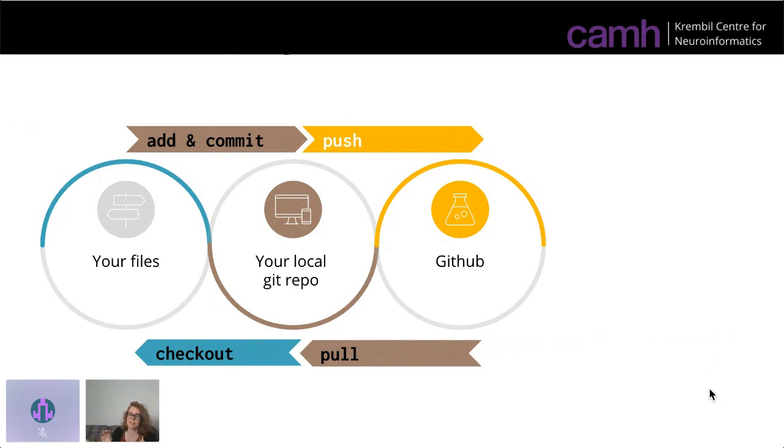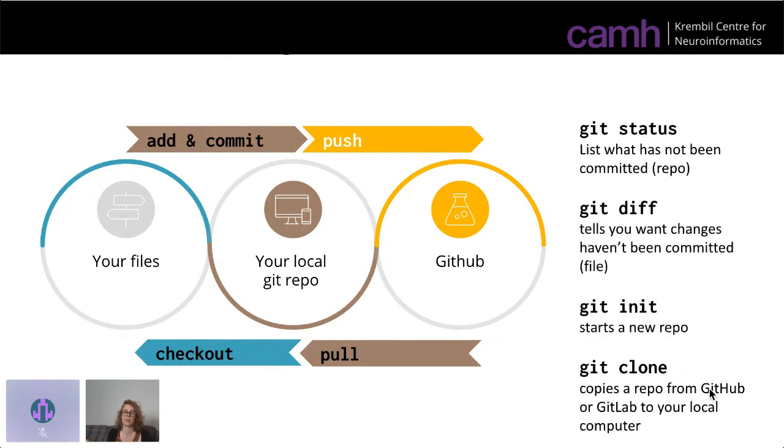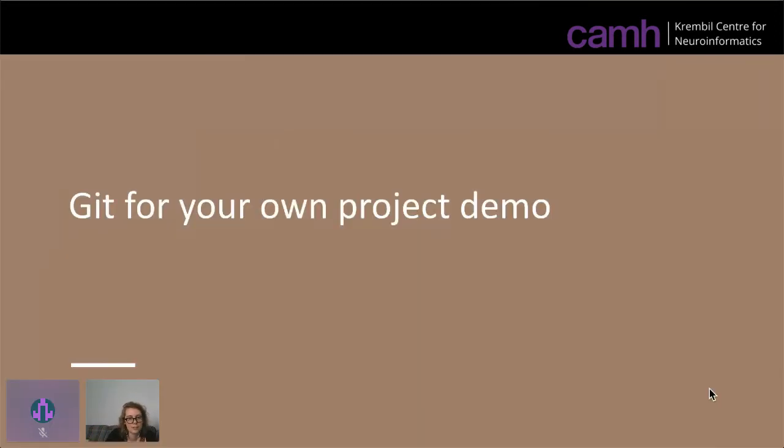Pulling is taking data from the internet and putting it on your computer, which is very important if you're not the only one touching your code, or if you're working with it on multiple computers, you can use pushing and pulling to synchronize across computers. And there's some other verbs called status, diff, init, and clone that are also used to push and pull things from GitHub. So with that, actually, I'm going to do another demo.